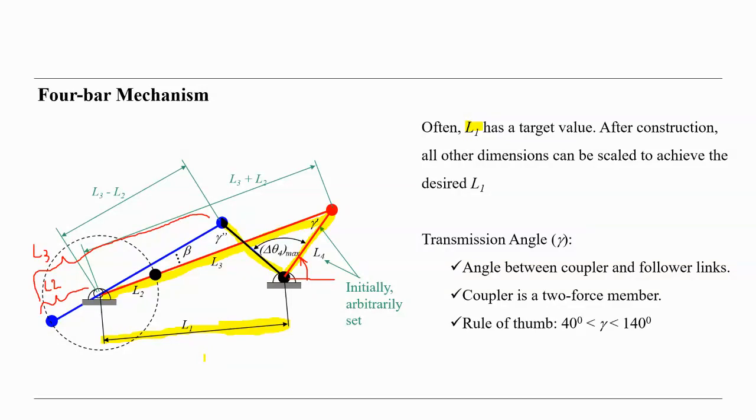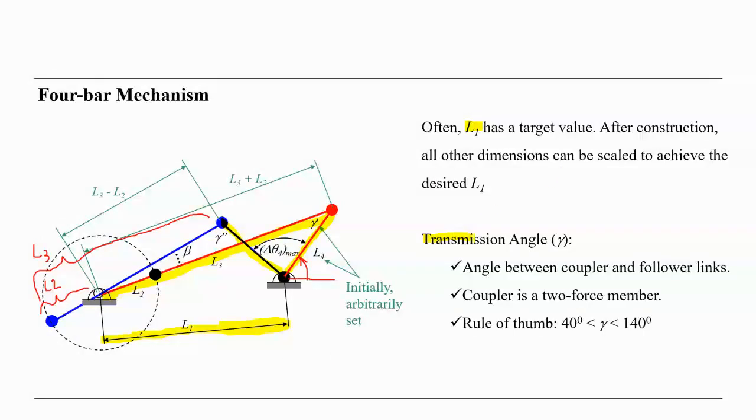So L1 has a target value, that means in order to install it into the machine, we have to select L1. After construction, all other dimensions can be scaled to achieve the desired L1. Then after finishing the design, you have to check again whether L1 is correct or whether we should change it, because there are many solutions regarding the dimensions, not only one or two.